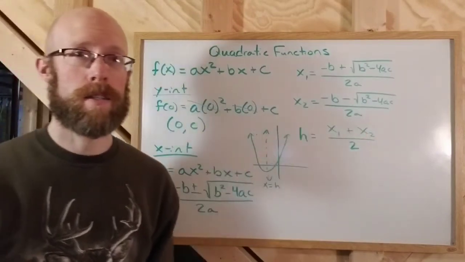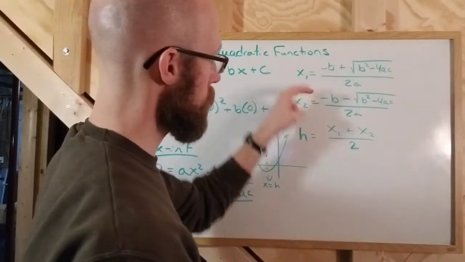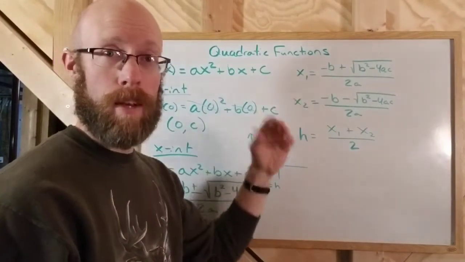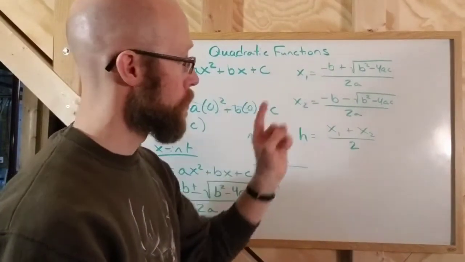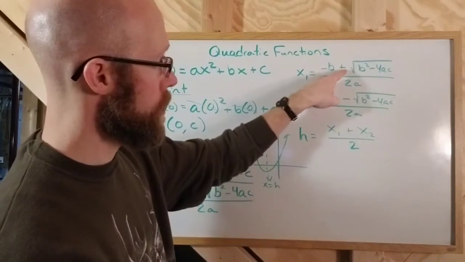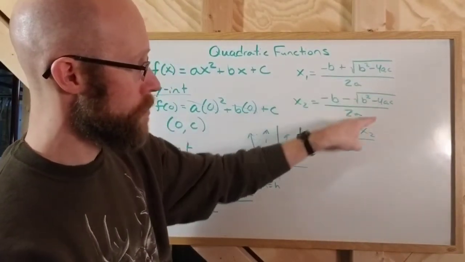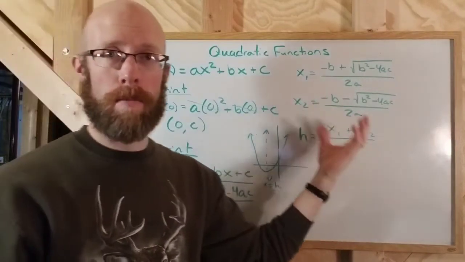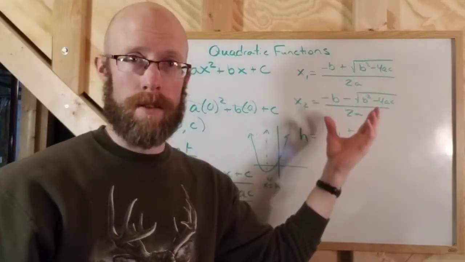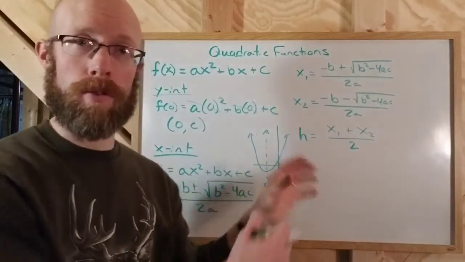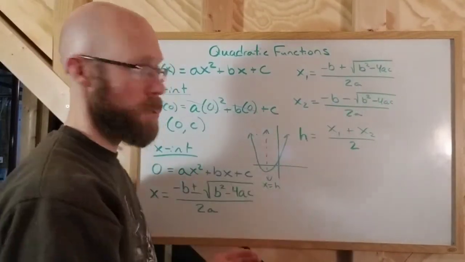If I add those together, I'm adding these two big fractions together, which sounds horrible. But what's nice about it is that the positive root over 2a and the negative root over 2a will end up canceling each other out when you add them together. Right, so this portion and this portion end up dropping out. I'm not going to show all the details here, but that's what happens.